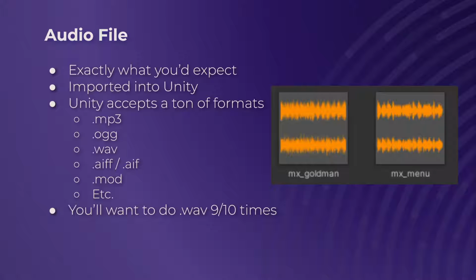Nine times out of ten, you're going to want to use WAV files. Just keep it uncompressed when you're loading it into Unity, because in the import settings you can compress it, and then when you build a game, or when you play the game in editor, it will be the compressed version. So you might as well start with the highest quality and then compress it for the actual build.